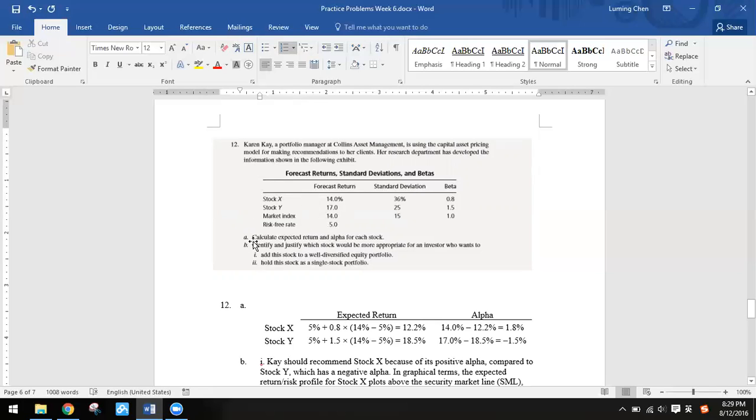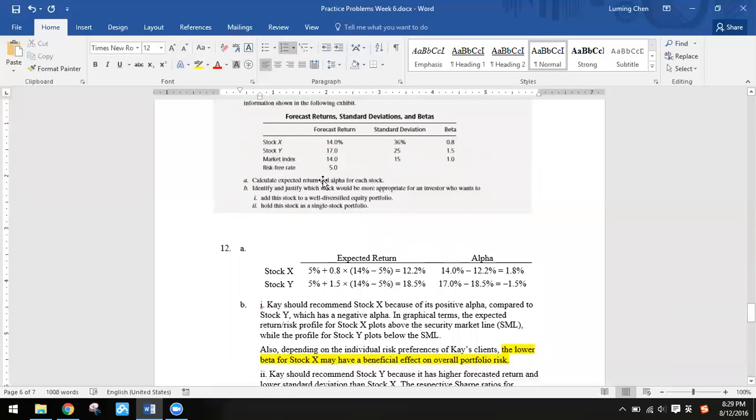So question A, calculate expected return and alpha for each stock. This is quite simple. We can just plug those numbers into the CAPM equation: risk-free rate, beta of stock X, risk premium of the market portfolio, and it will give us the expected return.